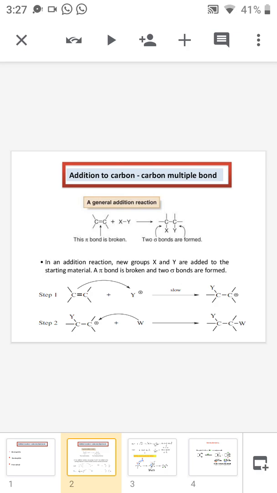So first of all Y plus, that is the electrophile, attacks the alkene and forms a carbocation, and depending upon the stability of the carbocation, the nucleophile will attack this carbocation and we will get the final product as an alkane. So this is the general step in the electrophilic addition reaction.